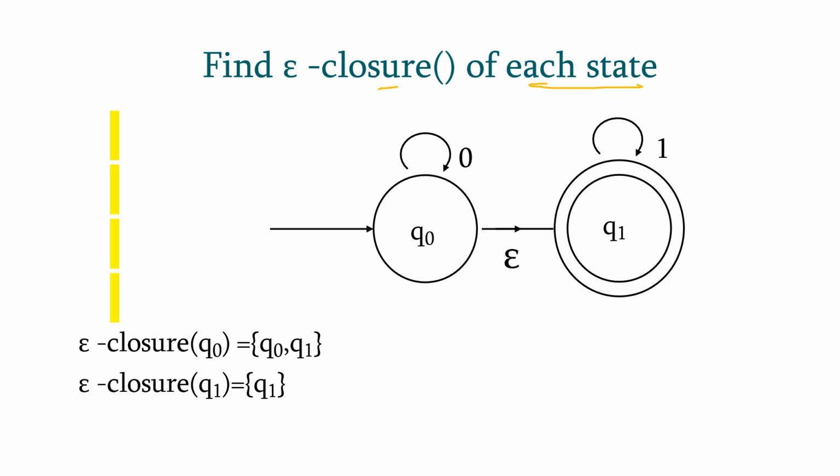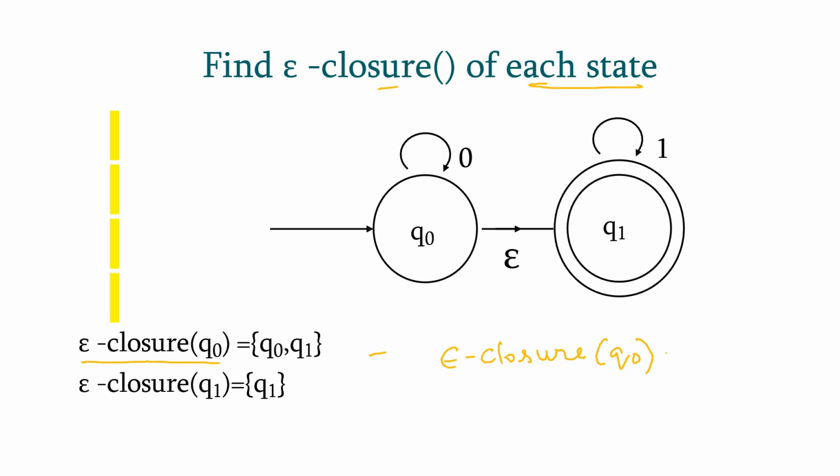See here how to find the epsilon closure. We are seeing this because hereafter we'll be computing the epsilon closure for each and every state for the conversion of epsilon NFA to DFA and many other things. See here, the epsilon closure of Q naught. When you write the epsilon closure of any state, it means you can move to a state without any input string.